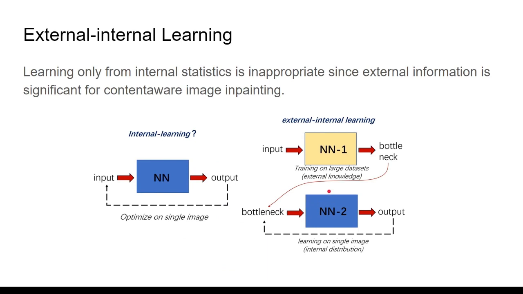The first neural network learns the external knowledge by learning through massive datasets. We can call the output of the first network the bottleneck, and we take the bottleneck as input of the second network. The second network then learns on the single image and tries to get the internal distribution. And finally, we can get the output we want. So this is the external internal framework.